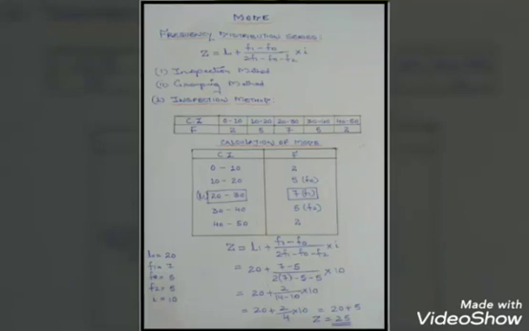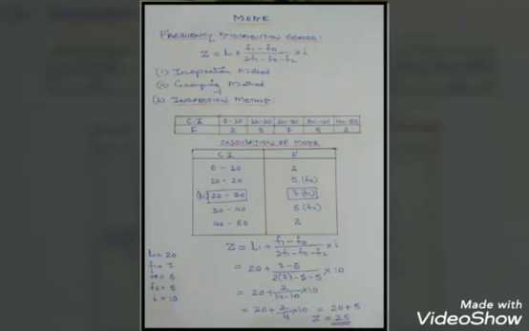The formula goes like this: Z equals L1 plus (F1 minus F0) upon (2F1 minus F0 minus F2) into I. So L1 is 20, plus F1 is 7 minus F0 is 5, upon 2 in bracket 7, minus 5, minus F2 is again 5, into I, which is 10.